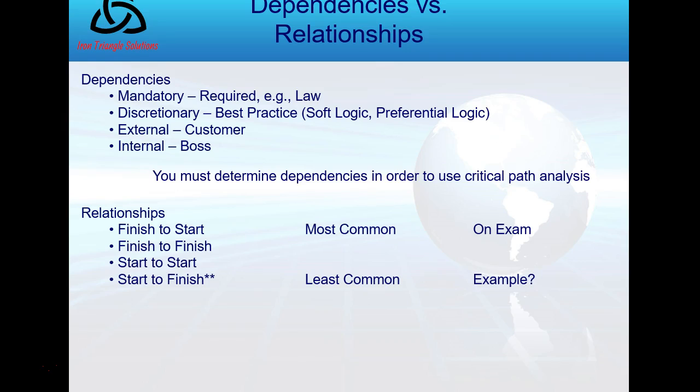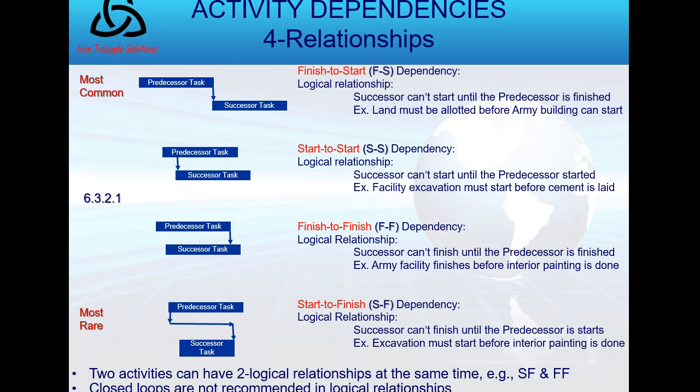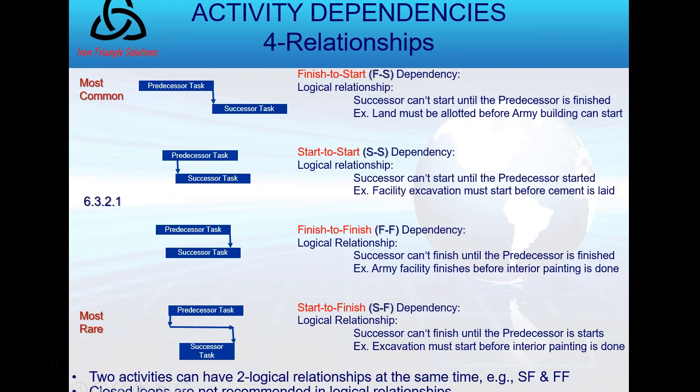Start to finish is least common. Examples are hard. So the activity dependencies, I'm still talking about it. Remember, most common is the finish to start. The one at the bottom is most rare, which is start to finish. And I give you a picture of each. So finish to start, look at the definition on the right at the top.